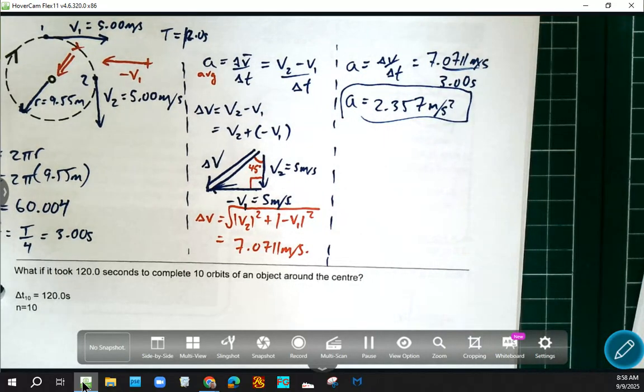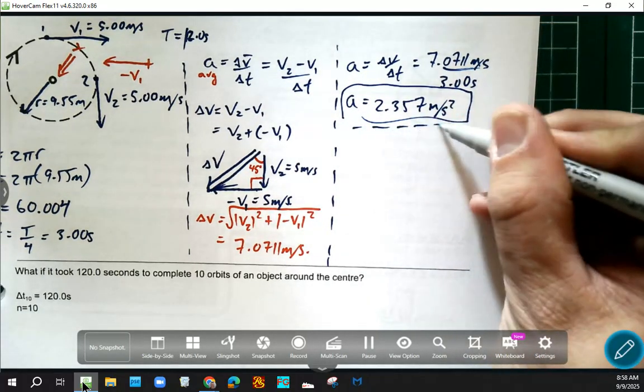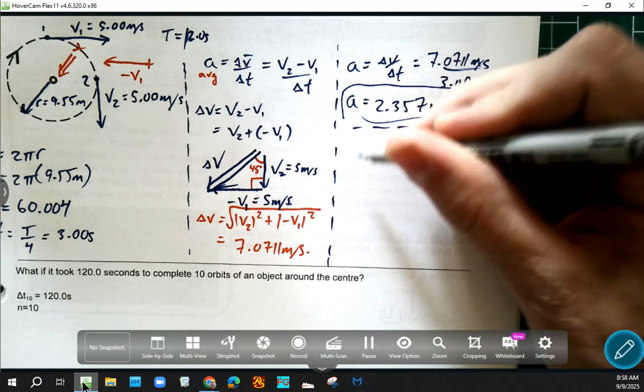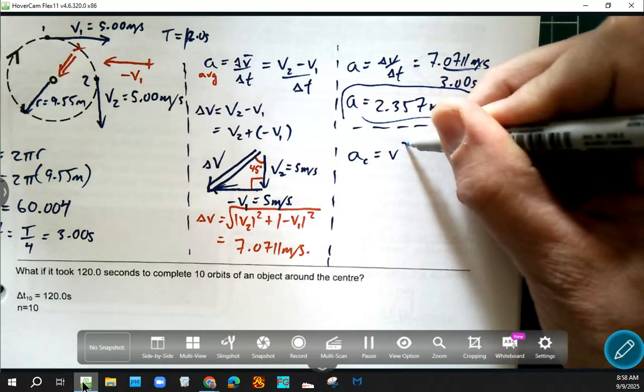I want to come back to it in just a second, because what we had on the previous page was, this seems very involved. We had a freebie equation. Remember I gave you this free equation that I said was too complicated to derive on our own just now. I said, okay, a_c is equal to v squared over r.